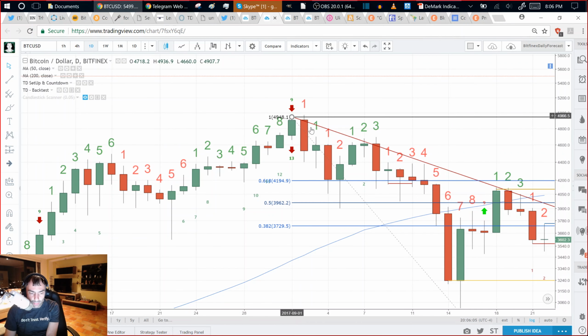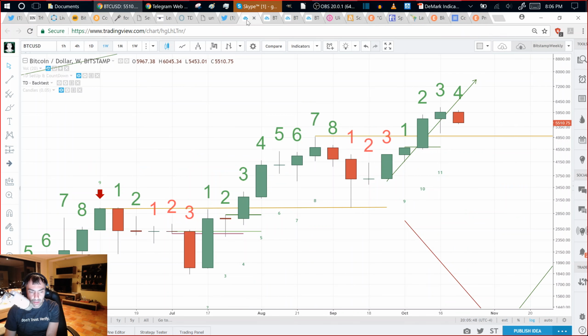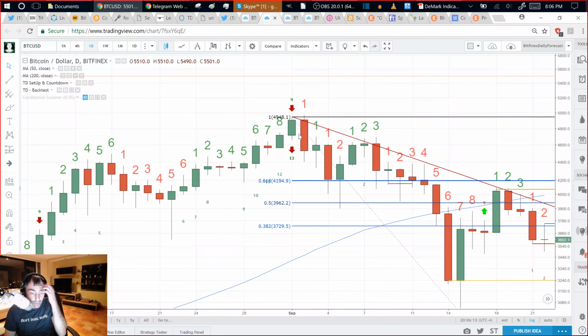We're going to have a 1 to 4 day correction, and then we're going to go higher and then break 5,000. I was assuming that this 7, 8, and 9 that never came was going to look like this 7, 8, and 9. So at the time, I called for selling right here off the 9 13.